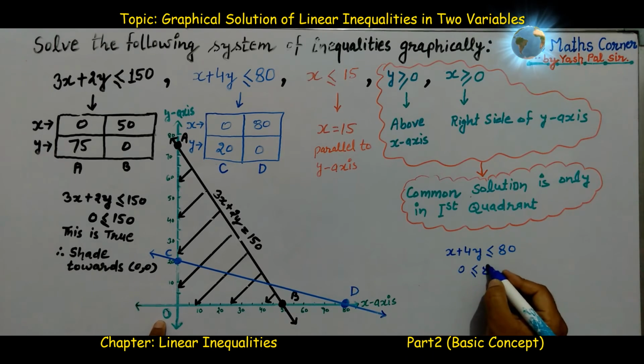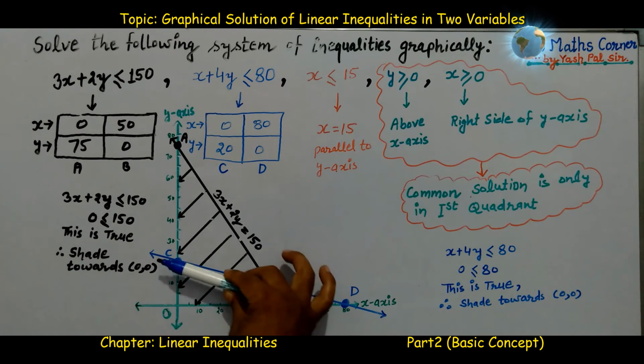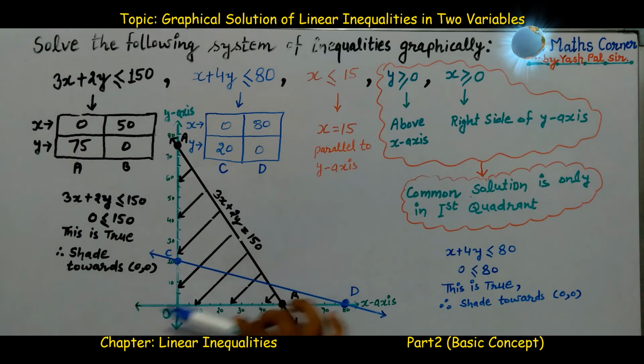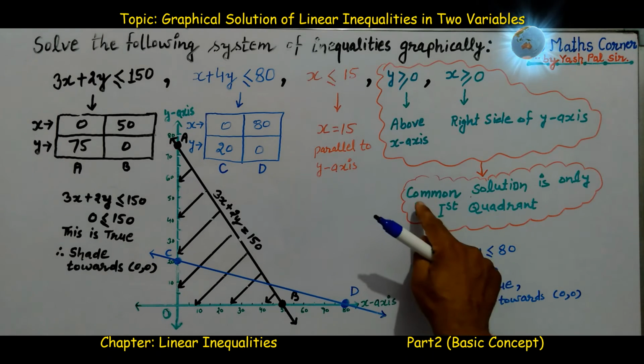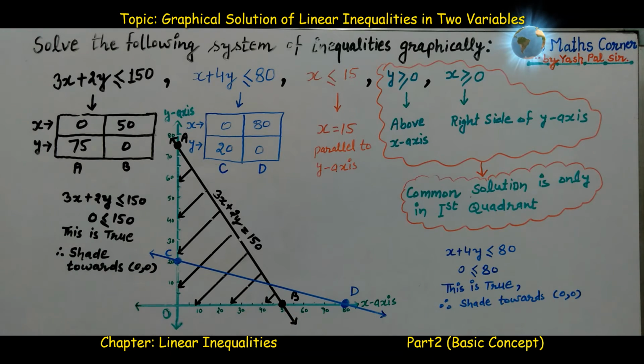Again this is true, so shade towards 0 0 of this line. The common solution is only in the first quadrant. The lower side we are going to shade now. These arrows indicate that shading is towards 0 0.